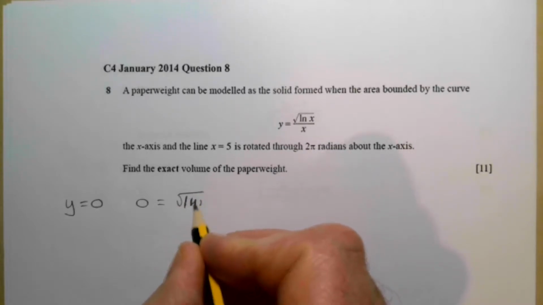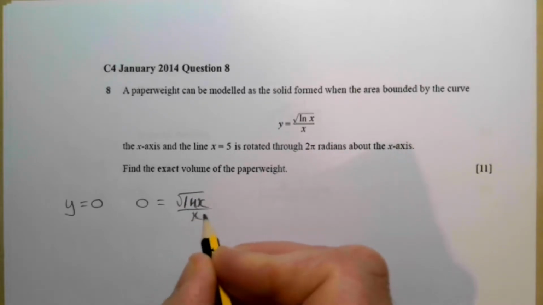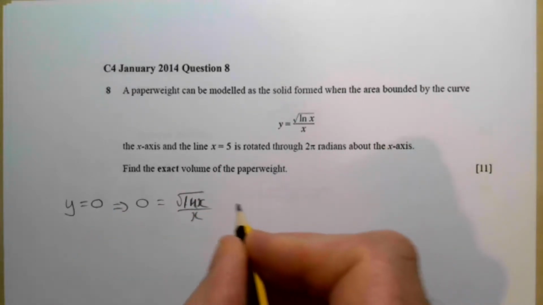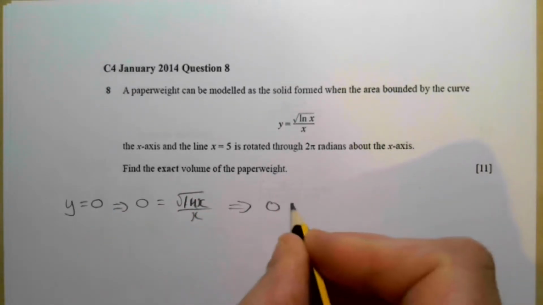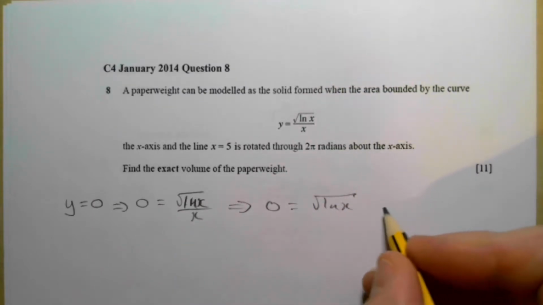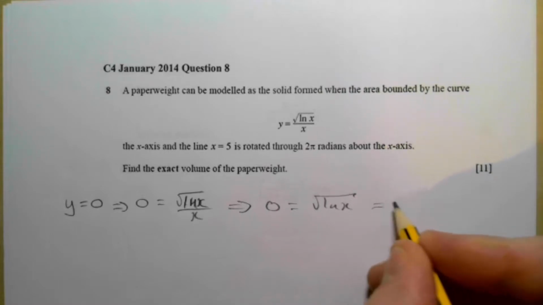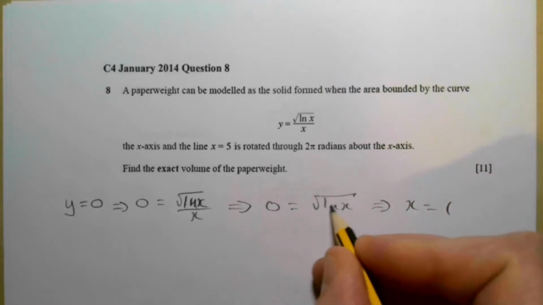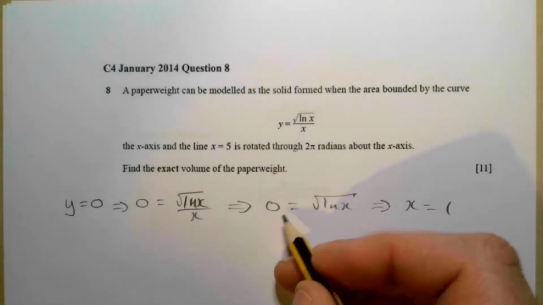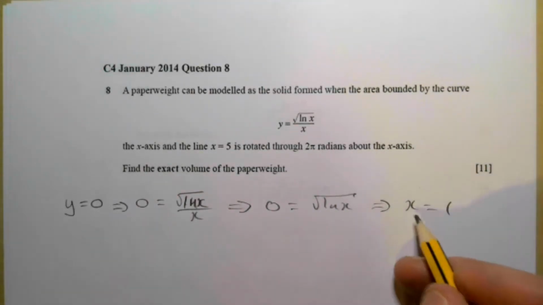So this would be ln x over x, times through by x. So I get 0 equals root ln x. If you want to square both sides, but either way it's going to give you x equals 1, because ln 1 of course gives you 0. So we know whenever y equals 0, x equals 1.